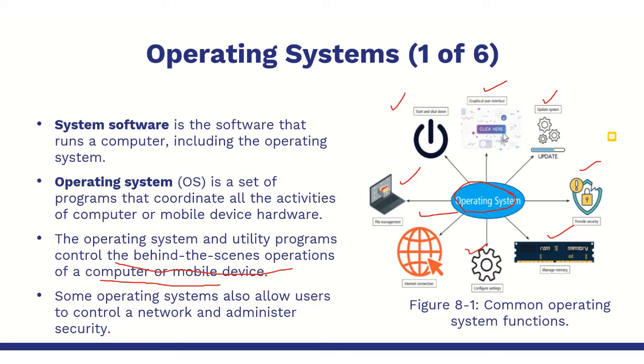An icon corresponding to graphical user interface shows the monitor screens displaying different icons with the text box and reads click here. An icon corresponding to update system shows three gears arranged in a circular manner above a horizontal status bar labeled update.